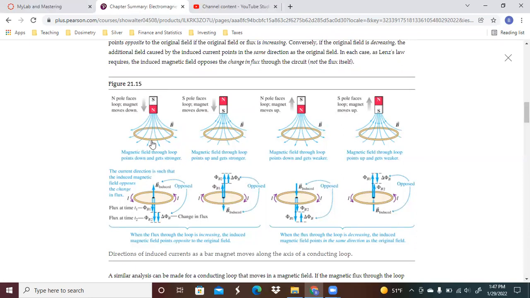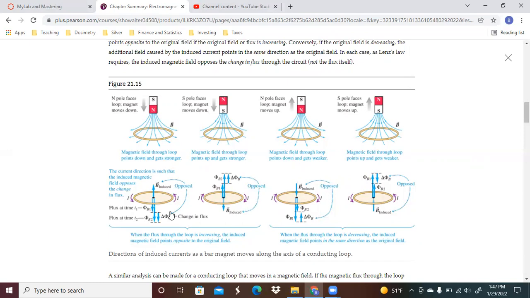As the magnet moves down, you're seeing a change in the magnetic flux from time 1 to time 2. That change is basically represented here as the subtraction of the two vectors, this one from this one, and this is going to be the change. So as that north pole moves down, this is the change in the flux that we see.